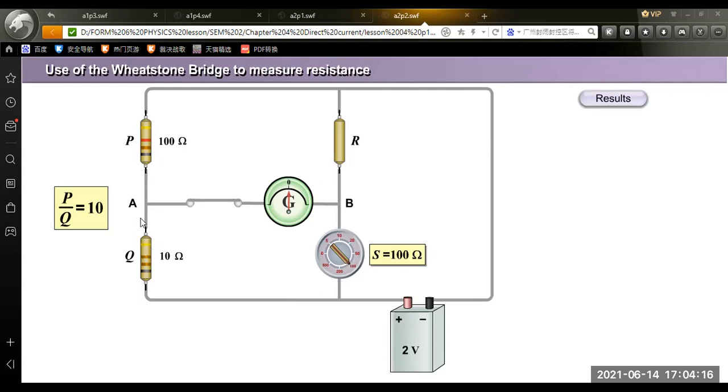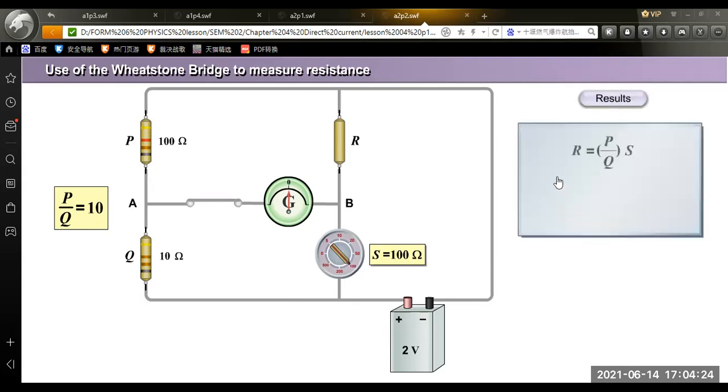By using P over Q equal to R over S, and substituting P equal to 100 ohm, Q equal to 10 ohm, S equal to 100 ohm, we get that R will be 1000 ohm. Look here. P is 10 times Q. This means that R should be 10 times S. So 100 times 10, 1000 ohm.